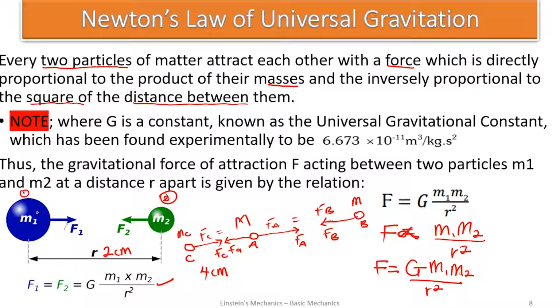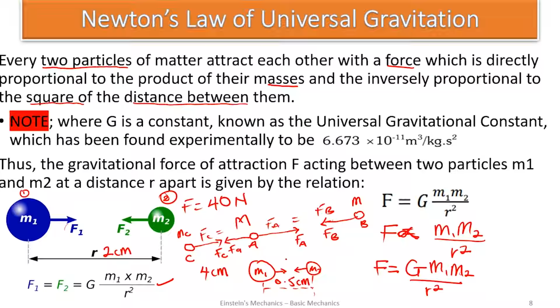So these masses M1 and M2 have a distance of 2 centimeters between them. Let's say the force between them is 40 newtons, then we try to decrease the distance between them. So this is M1 exerting a force, this is M2, also exerting a force. And now the distance between them is 0.5 centimeters.